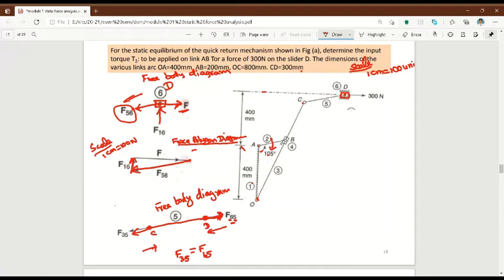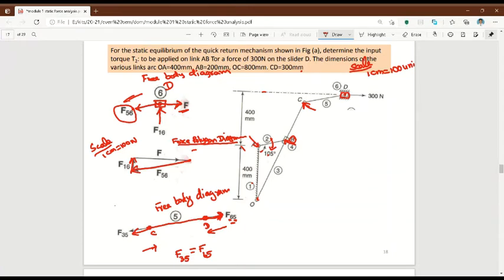If I want to find the torque acting on link AB, I should know the forces on point A and the forces on point B. If I want to find the forces on point B, I should know the forces acting on point C. And if I want to know the force acting on point C, I should know the force acting on point D. That's why we drew the piston first, and we are trying to find the force acting on point D. Particularly on point D, three forces are acting, and I particularly need F56.